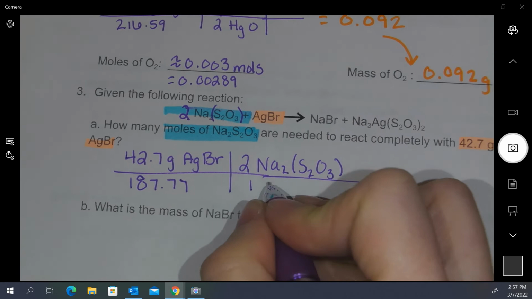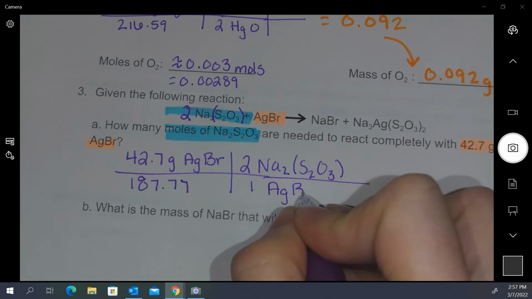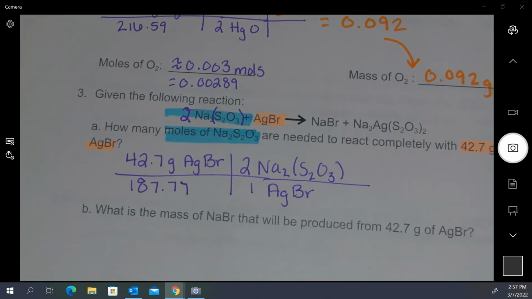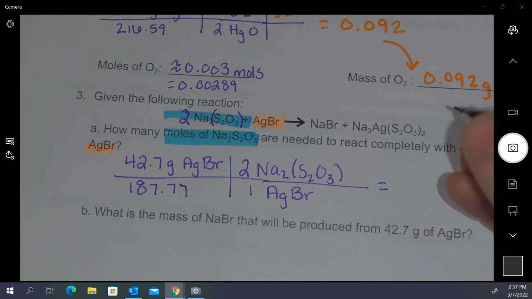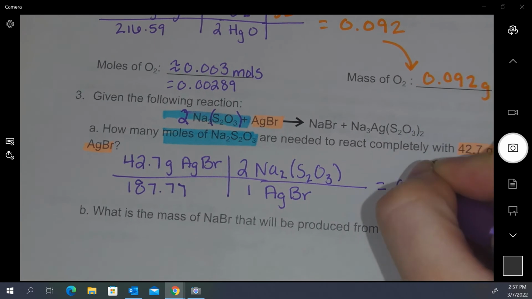I was given AgBr. So 42.7 times 2 divided by 187.77. That is right: 0.45 moles.